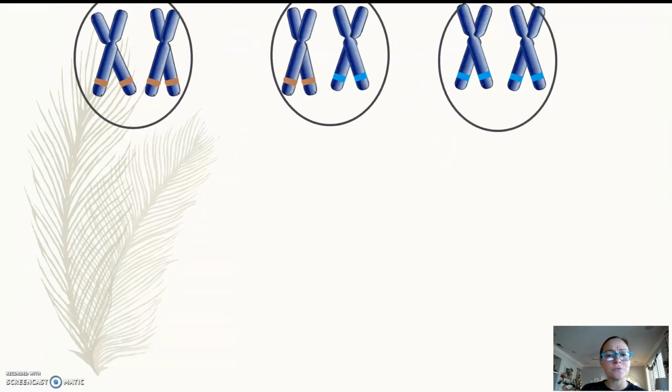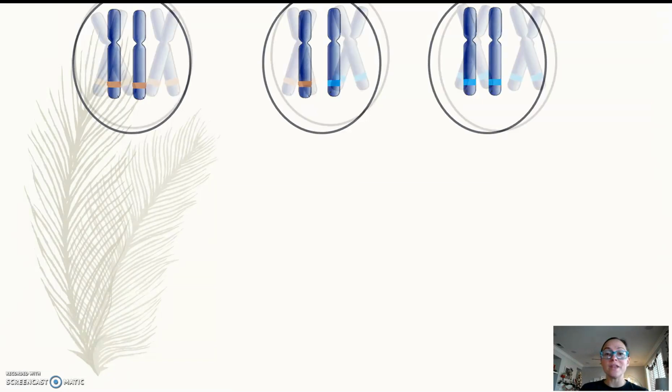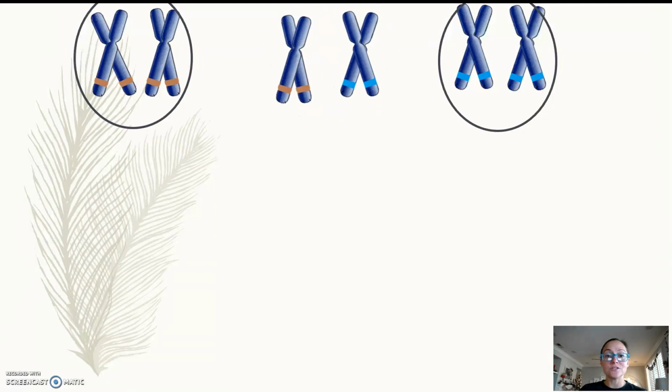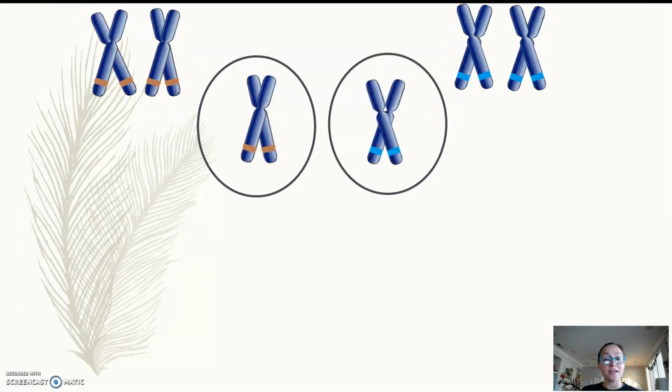Again, this is really important. If you're this middle one we're talking about, you've inherited a dominant allele and a recessive allele. You're heterozygous. Now in meiosis, these homologous pairs pair up, and then they separate. In the first round, you have haploid cells, but there's too much DNA, so they separate again.